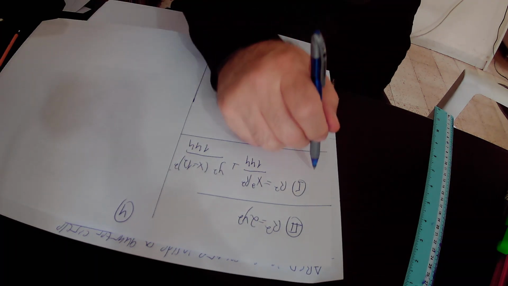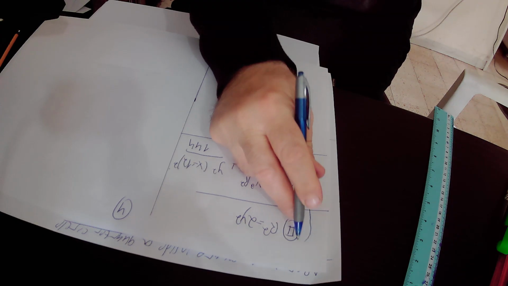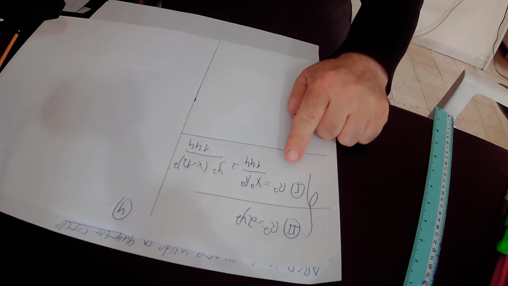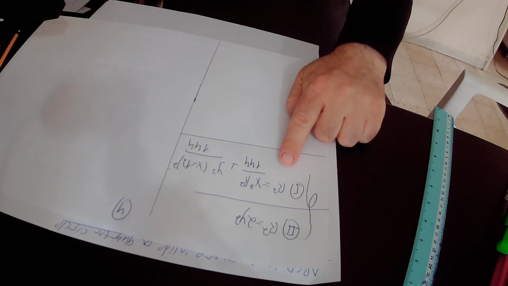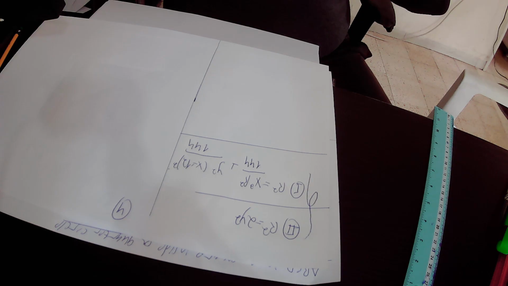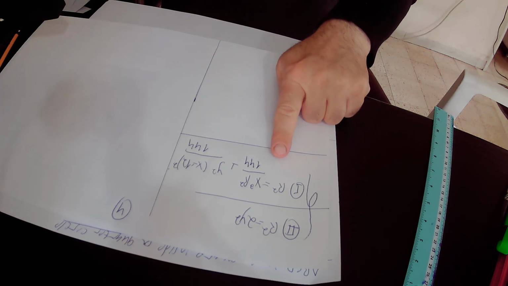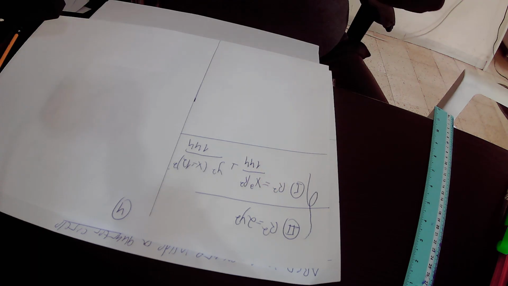So we have here two equations. Now we can substitute R square in equation 1 by 2y square from equation 2.